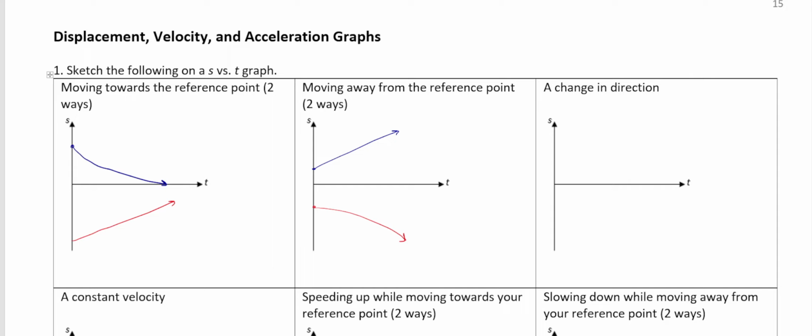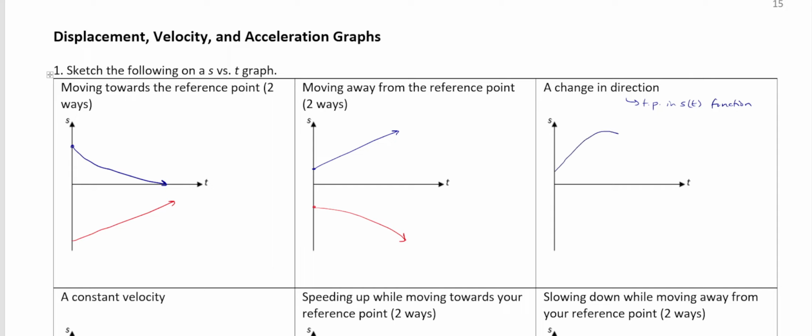A change in direction means that you have to have some sort of turning point in the s at t function, okay? So what you have to have is the velocity, which is the slope of the s at t function, equal to 0, and then you have to have a change in the sign of the velocity function. So we'll take a look at this right here.